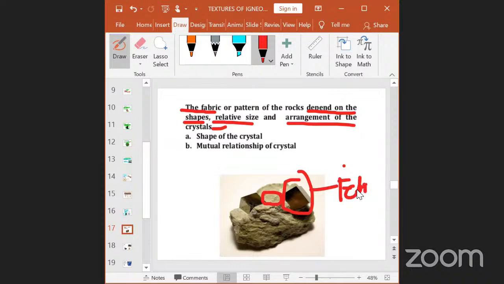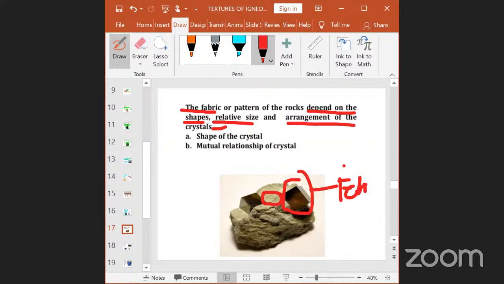So fabric is defined as the arrangement, orientation, and mutual relationship of mineral grains, crystals, or glass. Fabric is a non-compositional property of the rock that comprises textures and structures, both.